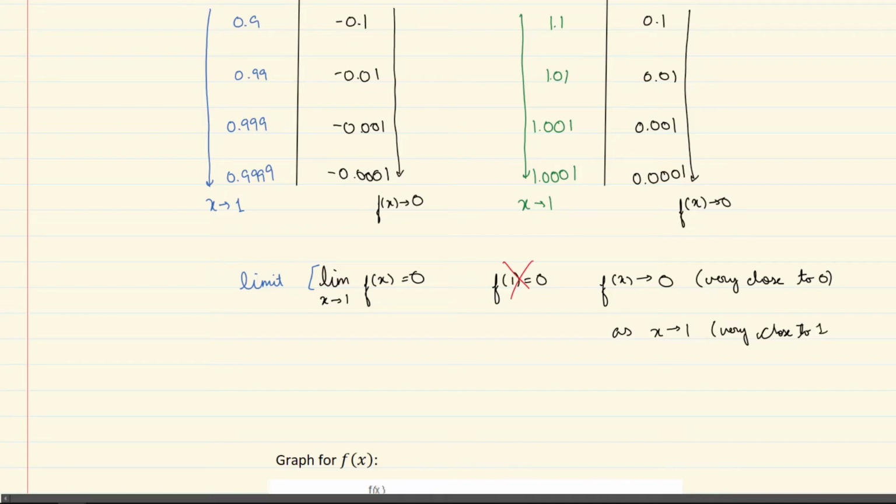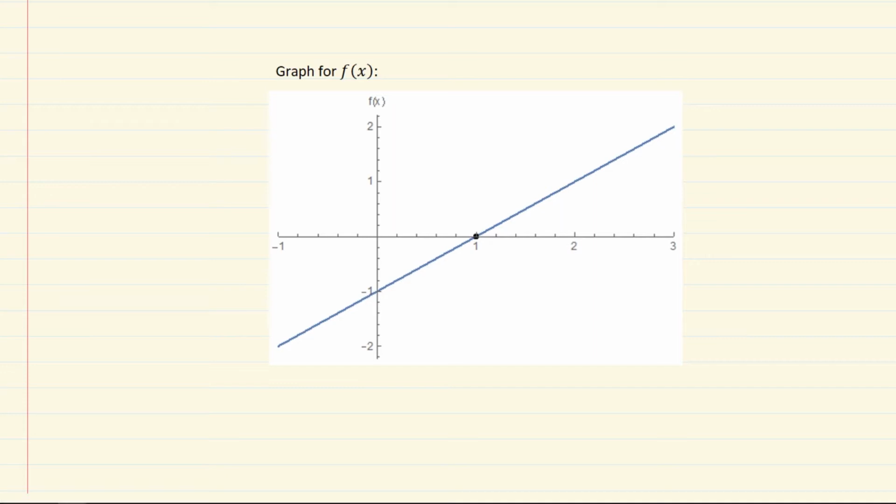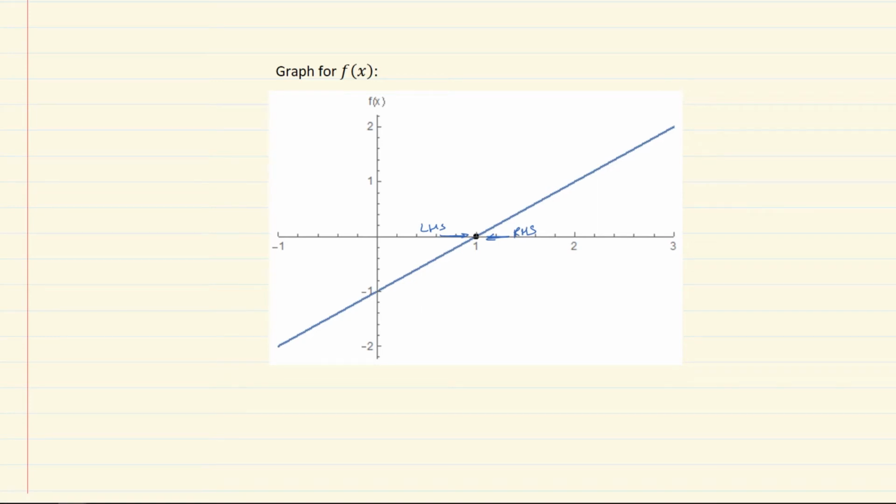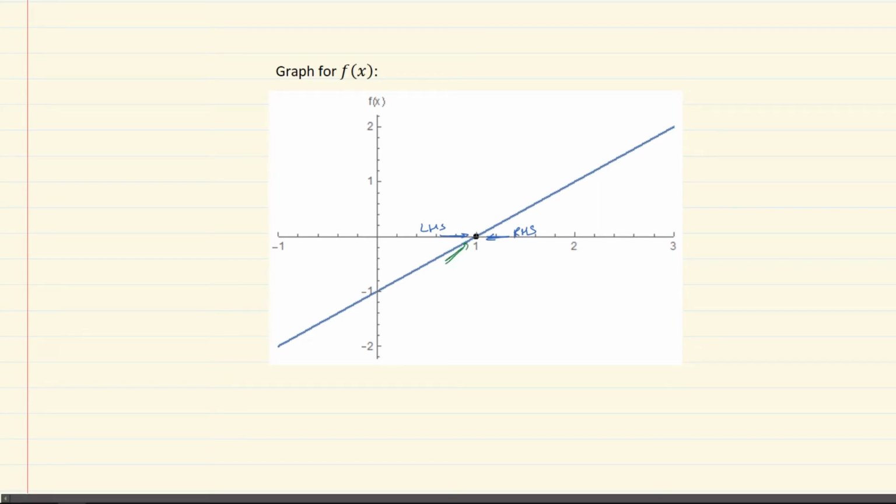Very close to 1. We can also see this graphically. As x gets closer and closer to 1 from the left-hand side and the right-hand side, we can see that the function is getting closer and closer to 0.